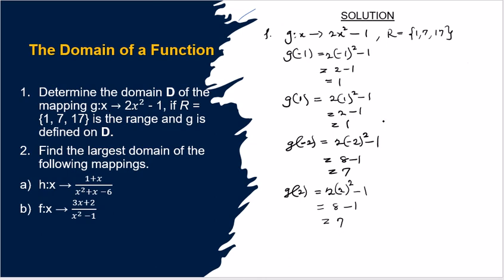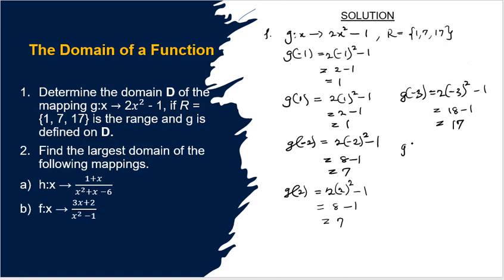Good. So let's check for g(-3). g(-3) equals 2 into (-3) squared minus 1. This will give us 18 minus 1, and that gives us 17. So we can see that -3 also has an image of 17 in the collection of images.